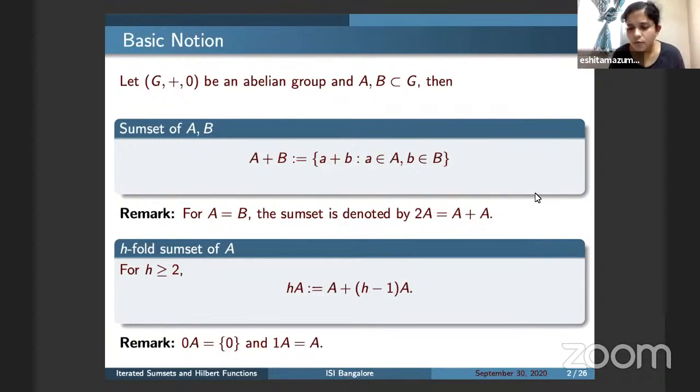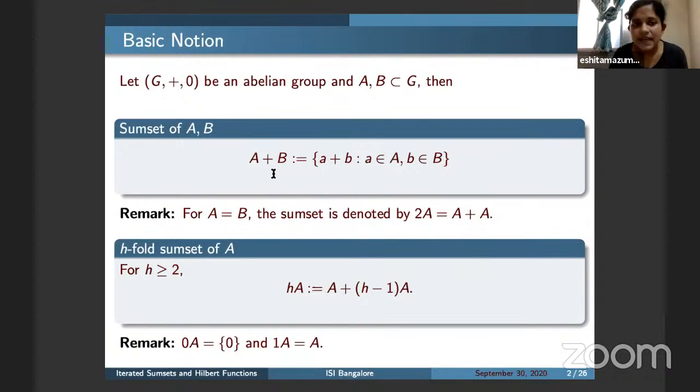For example, one can think of Z as such an abelian group. Let A, B be any two subsets of the abelian group G. In that case, we define the sumset of A, B as the set of all points of the form a plus b, where a belongs to A and b belongs to B, and we denote that set as A plus B.